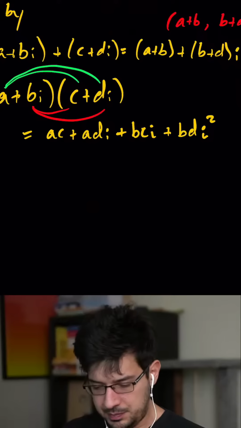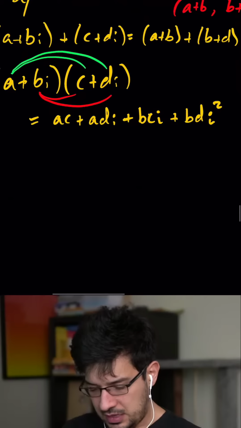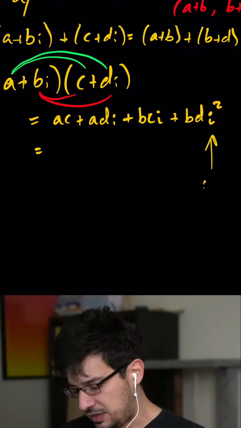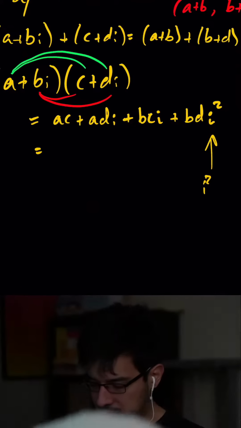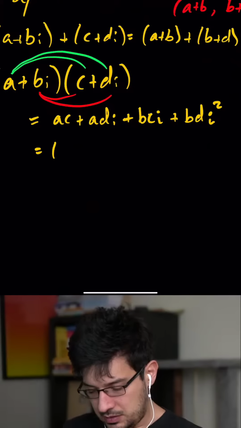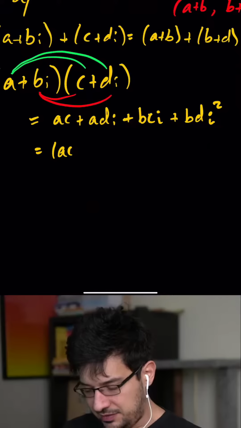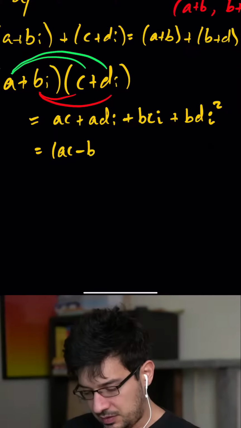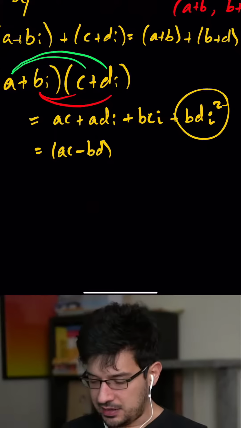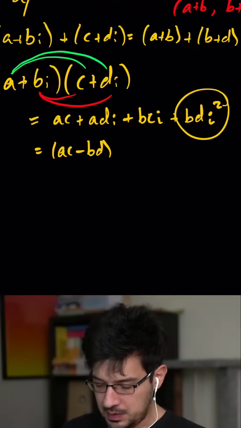And we have taken this definition that i squared is -1. We are creating that special rule. So this then is the same thing as ac minus bd, because we're going to treat that i squared as a -1.